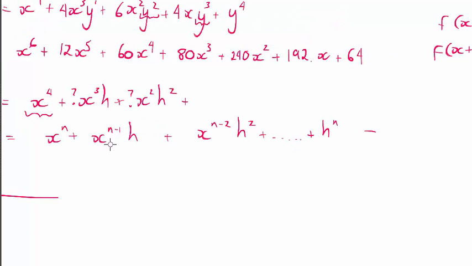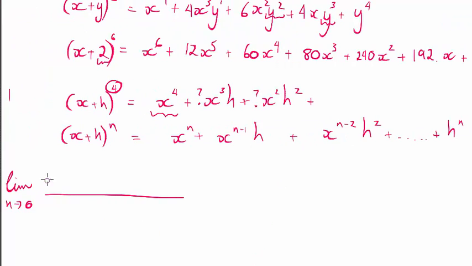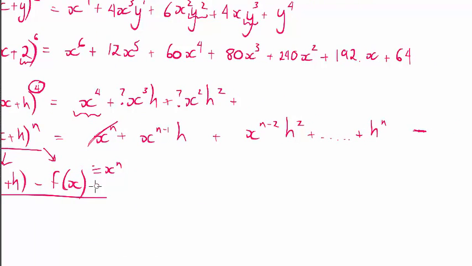Look at the coefficients just now. But I'm going to subtract from it, because of this I've got f(x plus h) minus f(x). So I'm going to take this expression f(x plus h), and I'm going to subtract f(x), which is just equal to x to the power of n. So in this expression I will cancel the one term that doesn't have an h. Are you with me?